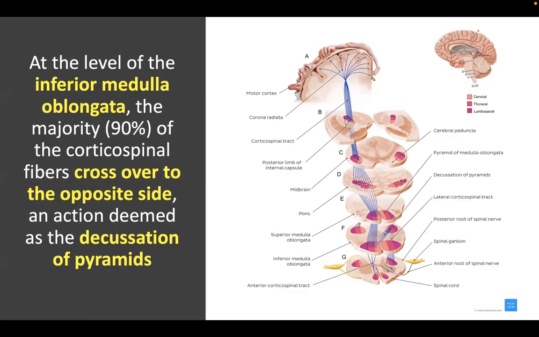Now, at the inferior level of the medulla, so take note, this is now the inferior medulla oblongata. 90%. Now look at these blue fibers, which I just made red. Look at this. 90% of the fibers from the pyramids will now cross over. Look, it's crossing over to the other side, and this is what we call the decussation of the pyramids, or the pyramidal decussation.